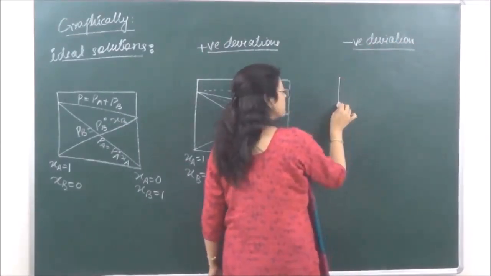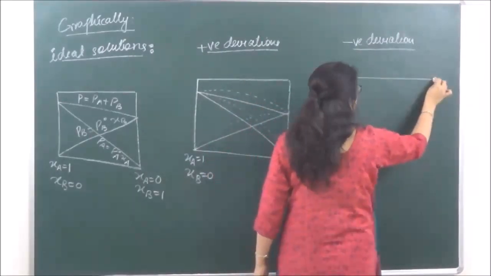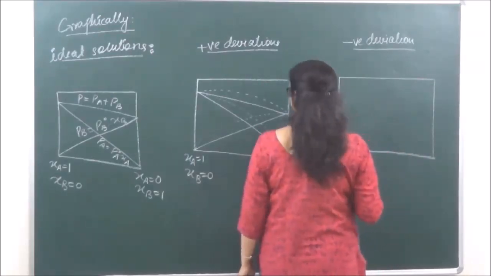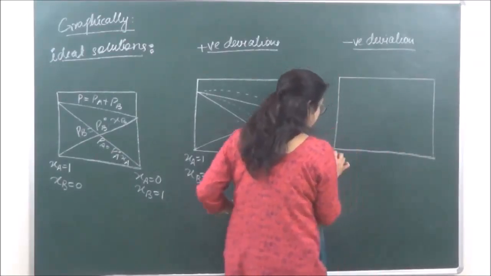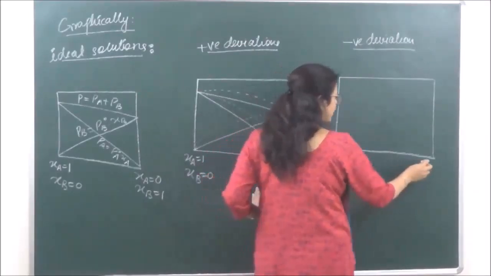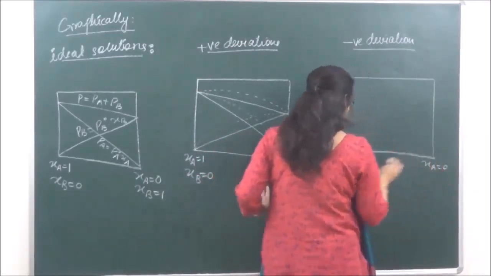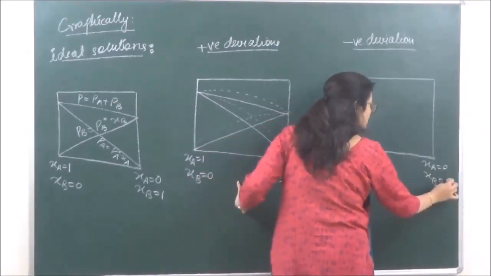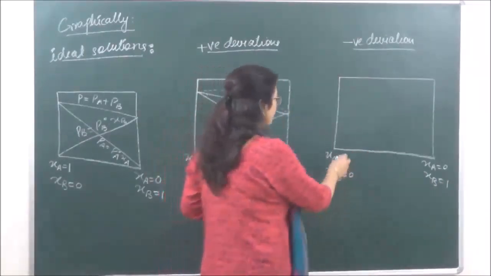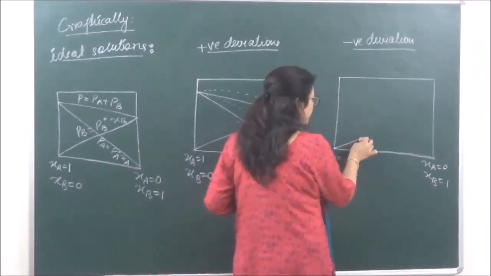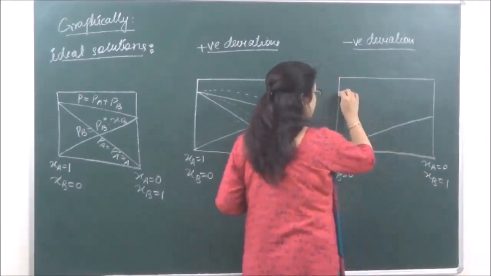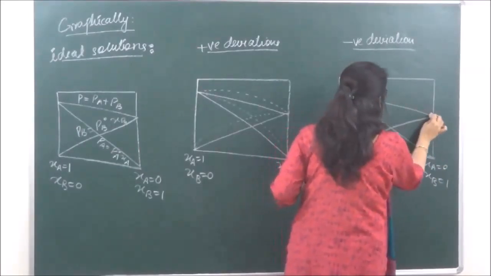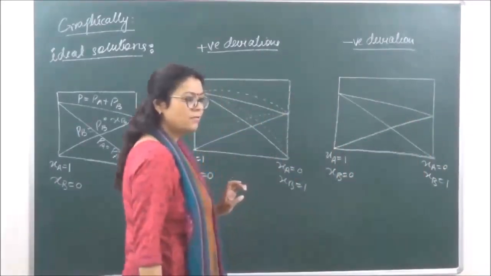Then we draw a graph for negative deviation. Again, XA is equal to 1 over here, XA is equal to 0, then XB is equal to 0 and XB becomes equal to 1. And if we show the graph for ideal behavior, then this is the graph.